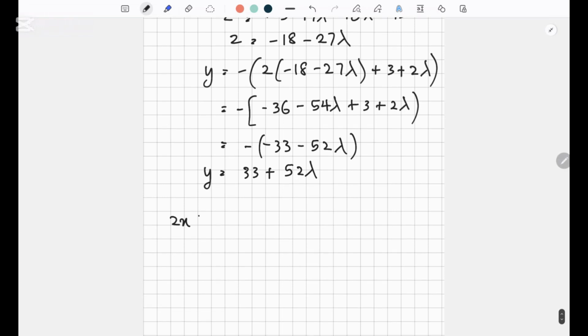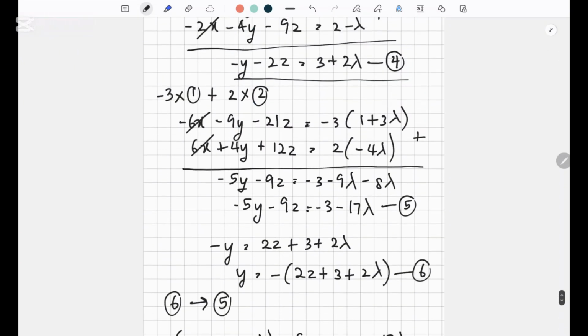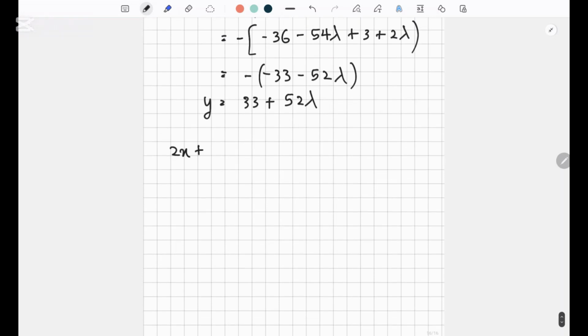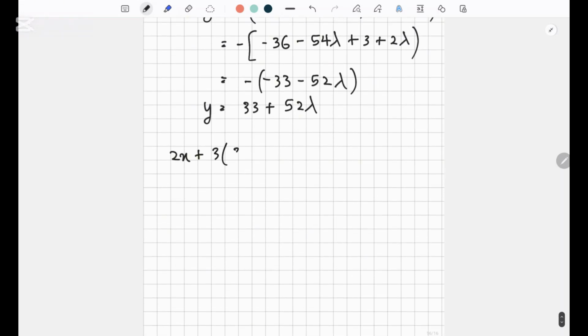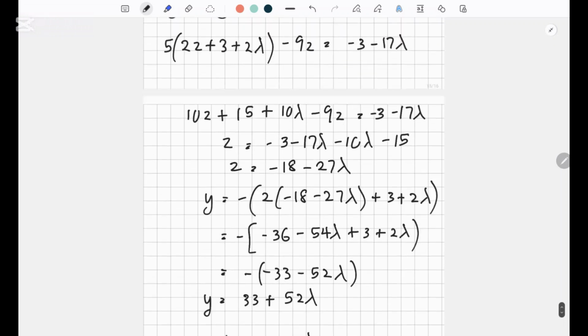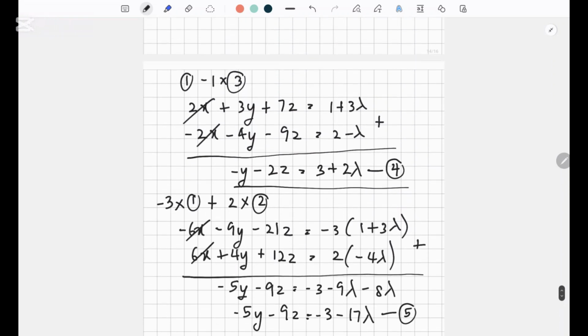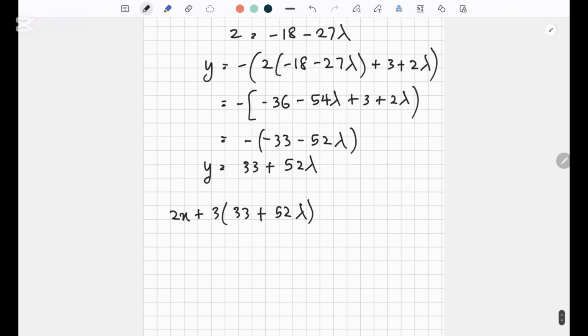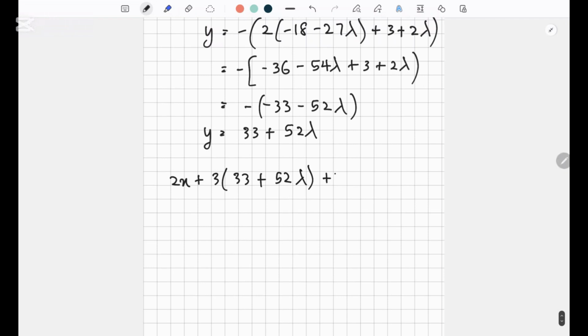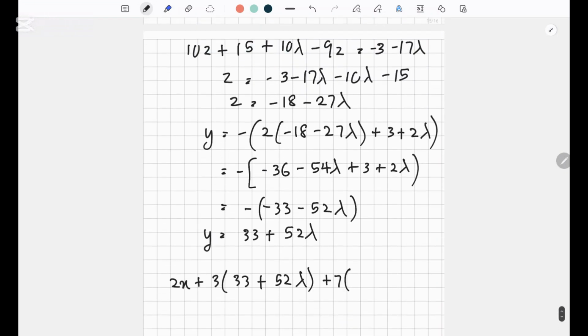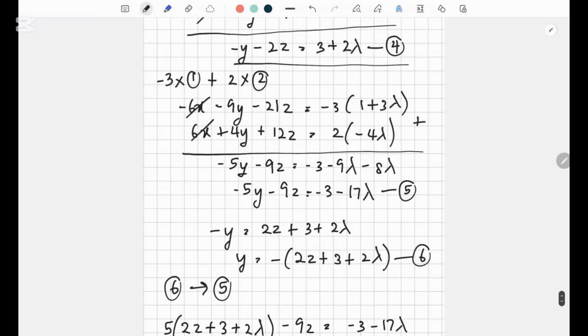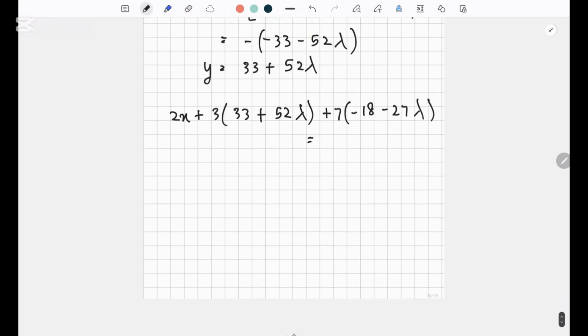So 2x plus 3y, 3 into 33 plus 52 lambda, plus 7z, plus 7 into minus 18 minus 27 lambda equals 1 plus 3 lambda.